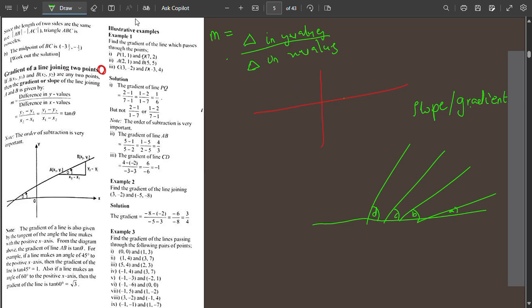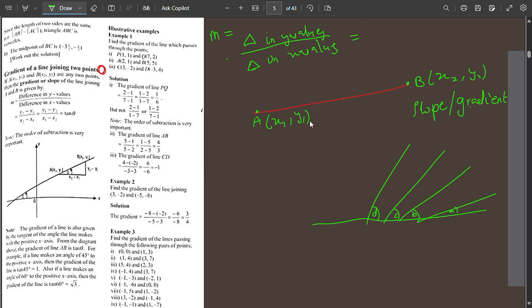For instance, if I have this as a line, and there is A here, and then B here. Let's say A has coordinates x1, y1, and B has coordinates x2, y2. Then to find the gradient of this line, change in y means we take this y and this y and find the difference between them.